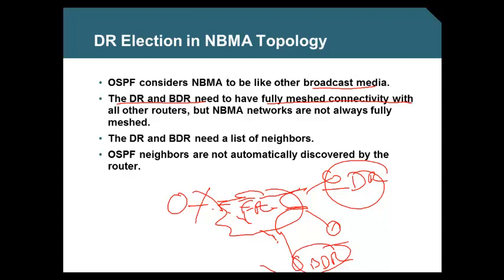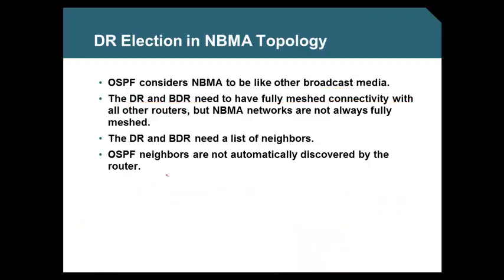Even if this goes down, it's okay. We have connection directly from BDR to DR, other to DR, other to BDR. But most of the time NBMA are not fully mesh. Then the DR BDR is of no use.